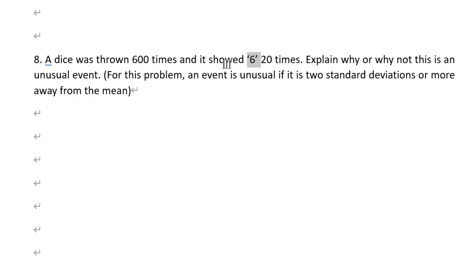However, to do this with statistics, you actually have to use the formulas for binomial probability, where the average is NP, whereas the standard deviation is square root of NPQ.